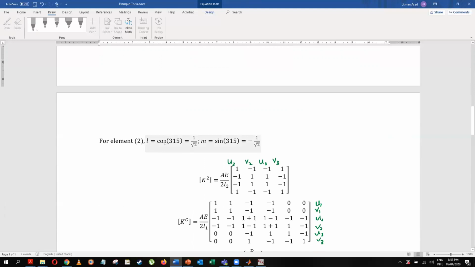For element 2, theta is 45, so cos 45 is positive 1 over under root 2, and sine of 315 is minus 1 over under root 2.